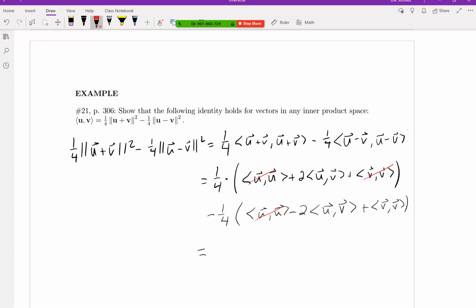So those two are going to go away. And then finally, 1/4 times 2 gives you a half in the first one. And then minus 1/4 times the minus 2 will give you plus a half in the second one. And that gives you exactly what you're trying to prove.